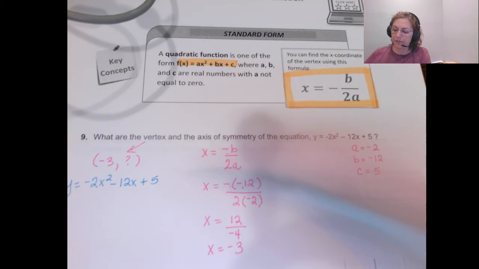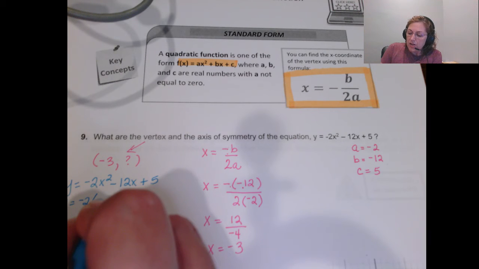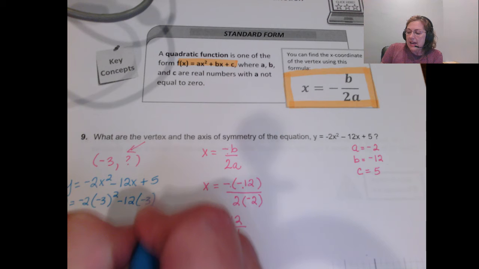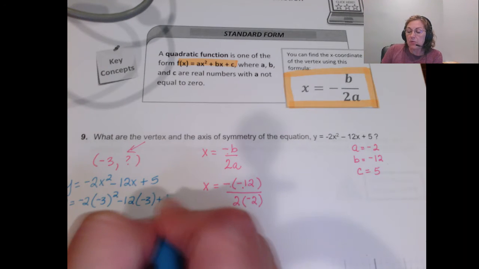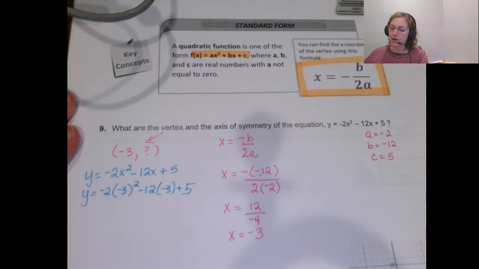So we're going to substitute -3 in for x. Notice that I'm putting -3 in parentheses. It makes me a little bit more aware of where the multiplication steps are. So I did that on purpose.